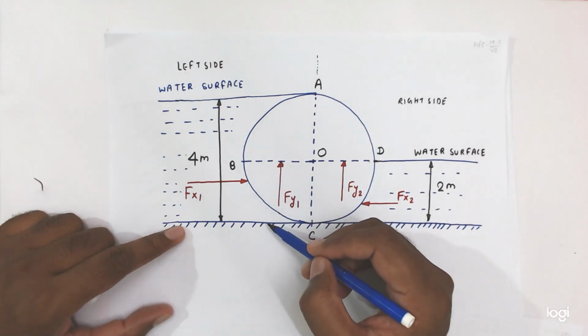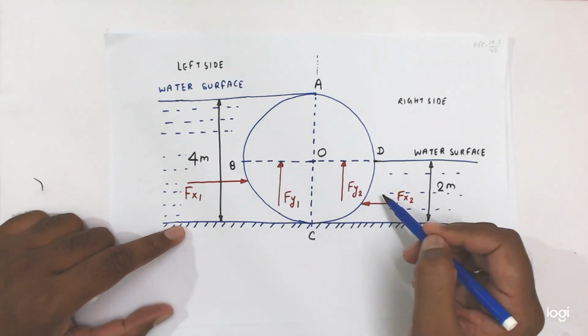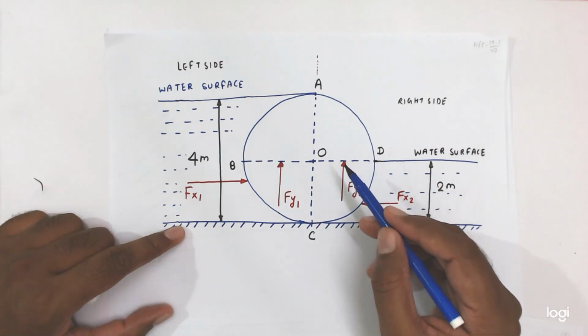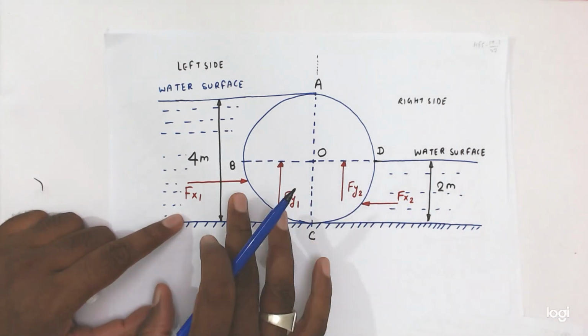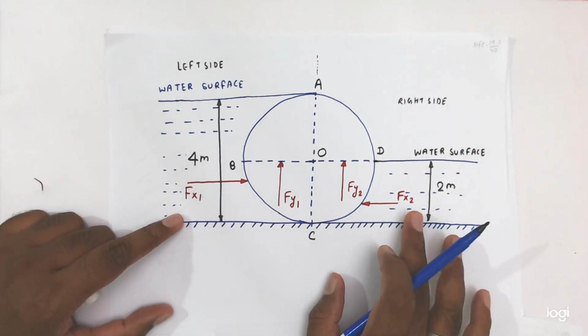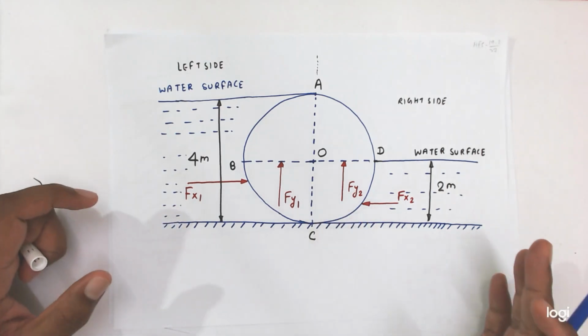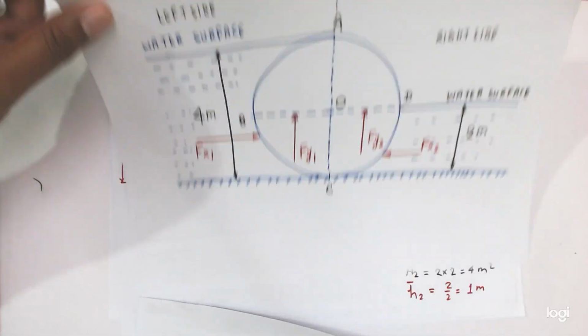So from here the liquid pressure will be applied in upward direction, and in this also the liquid pressure will be applied in upward direction. Now you see here, friends, this force and this force are in opposite directions, and these two forces are in the same direction. So we will find the net component of force in the horizontal direction and the net component of force in the vertical direction. Okay, friends.